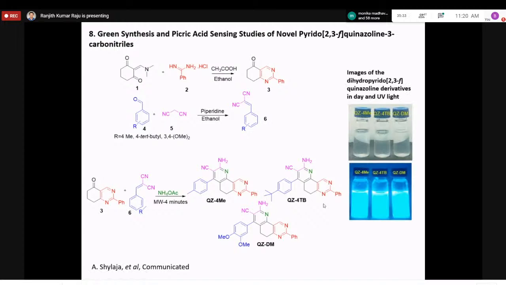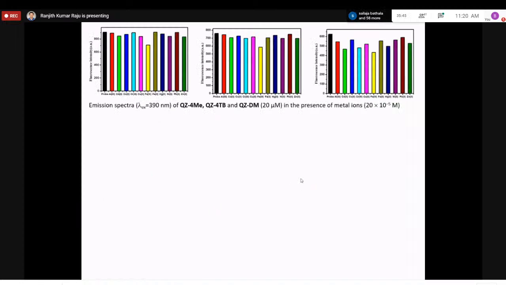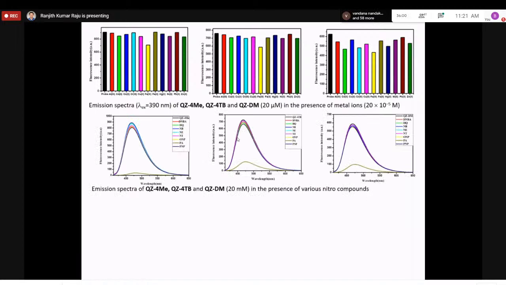We were able to make 3 different compounds, and all 3 compounds exhibited very good fluorescence. We found that they did not sense any metals. Even Fe3+ did not quench the fluorescence. But we found that this compound sensed picric acid.